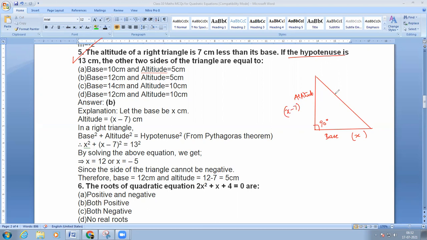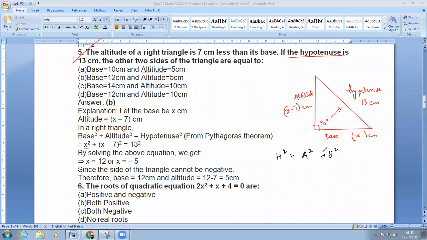The hypotenuse is this side opposite to the 90-degree angle. If the hypotenuse is 13 centimeter, the other two sides of the triangle we have to find out. So we can apply the Pythagoras theorem, which says that the hypotenuse square is equal to the altitude square plus base square.